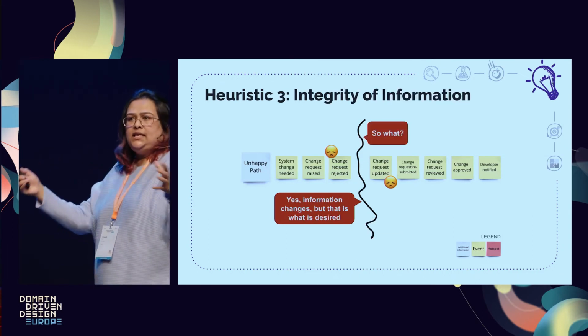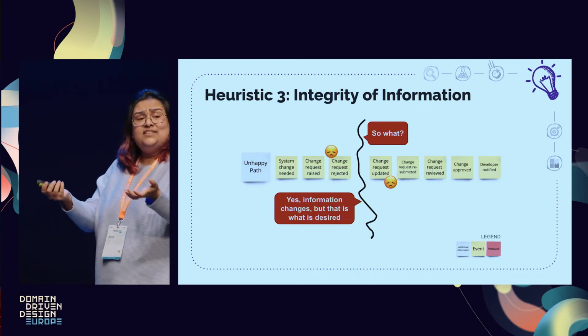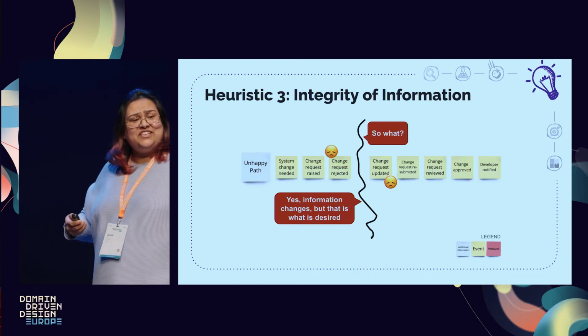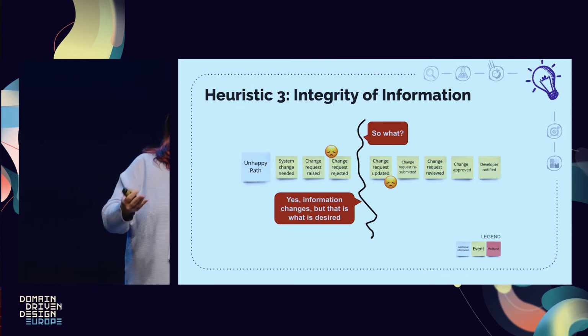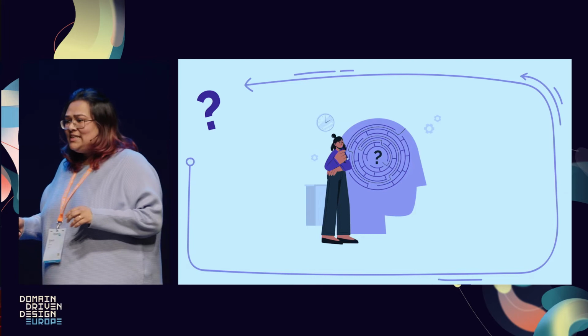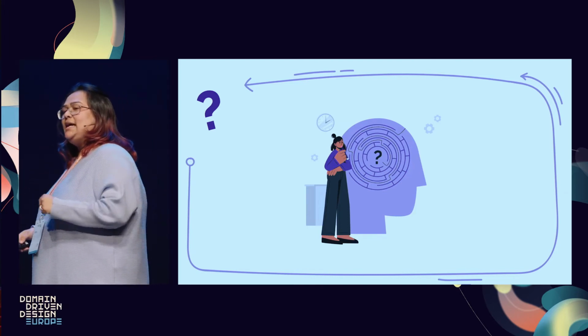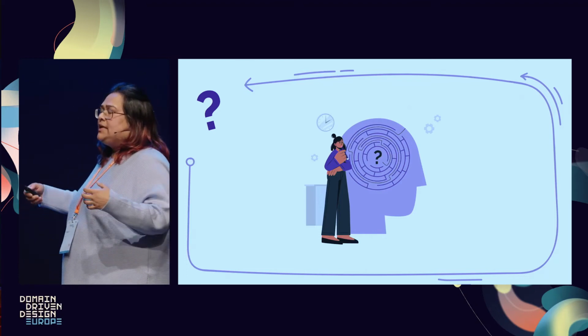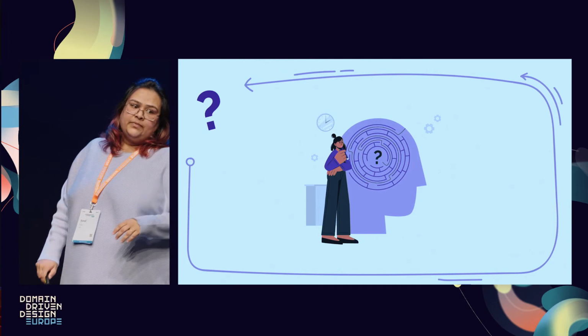But again, in this scenario, handoffs didn't matter. They were in fact desired. If someone was rejecting it, you wanted it to be handed off back to the person who initially raised the request. And then integrity of information followed the time path, where it didn't seem to be a relevant heuristic in the detail of the approval process.